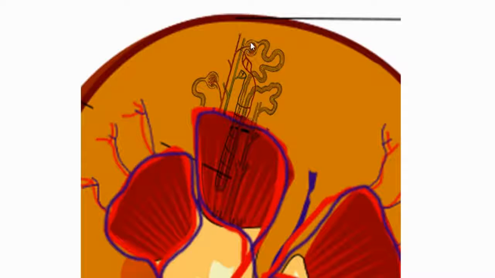So they go into this glomerulus, and the blood's filtered, and it's returned back into this interlobular vein, which returns ultimately to the renal vein.